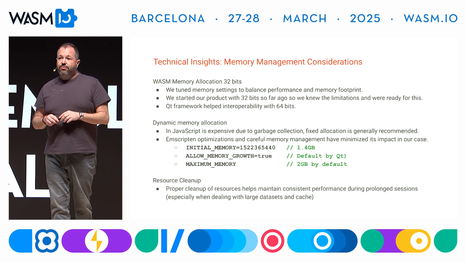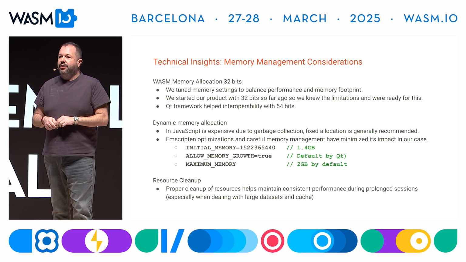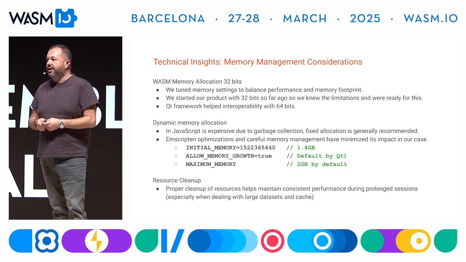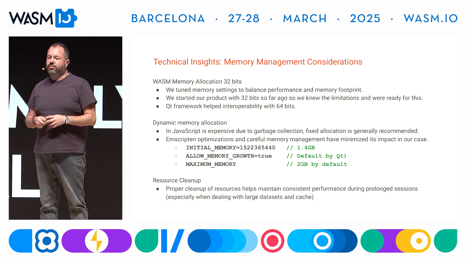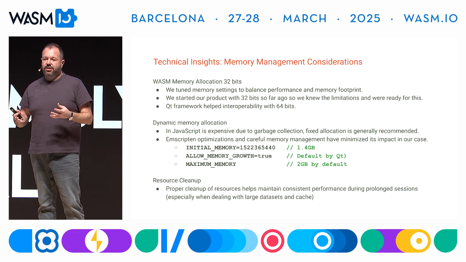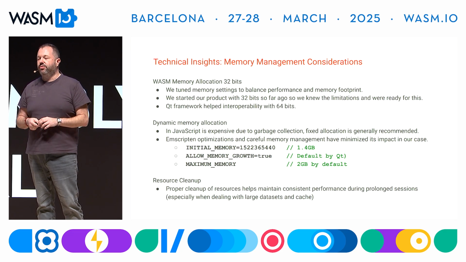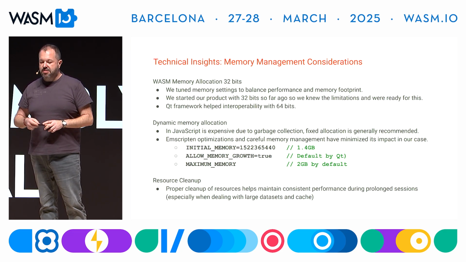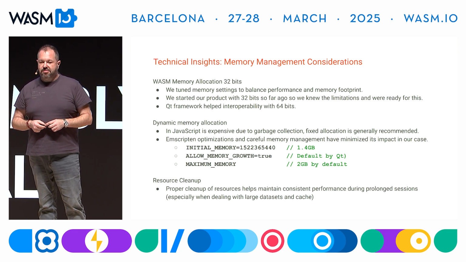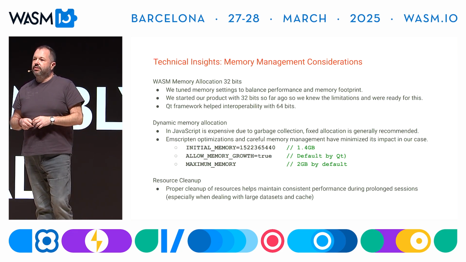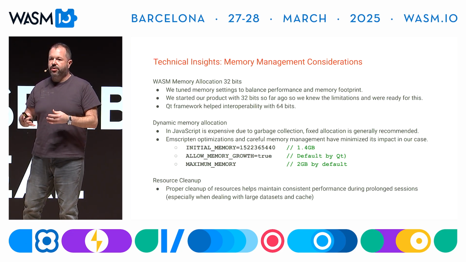And also in JavaScript, usually fixed memory is recommended. In our case, we can use dynamic memory easily. We start with a large amount, as you can see, because the applications are so complex and we work with very large data sets. But we can let the memory grow if we need it, without problems, indeed, in large sessions of working.